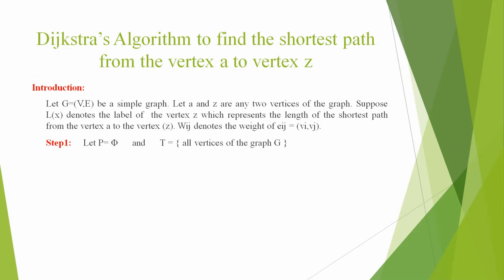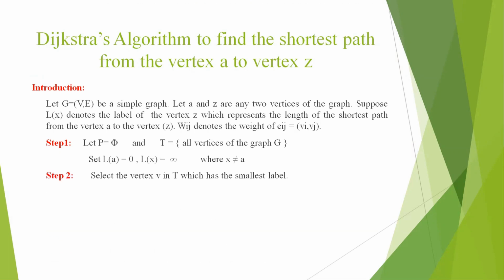It is a set of all vertices of the graph, and L of the starting vertex A is initially 0, and L of X equals infinity, meaning the remaining vertices' labels we don't know, so initially it is infinity.